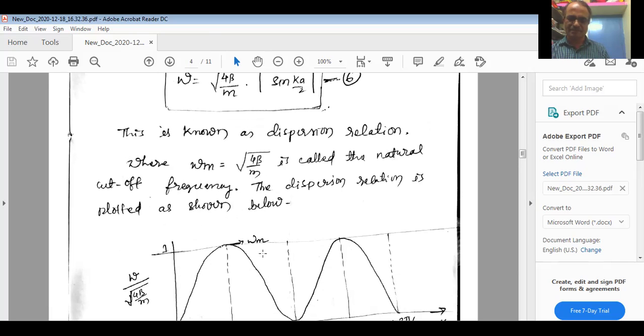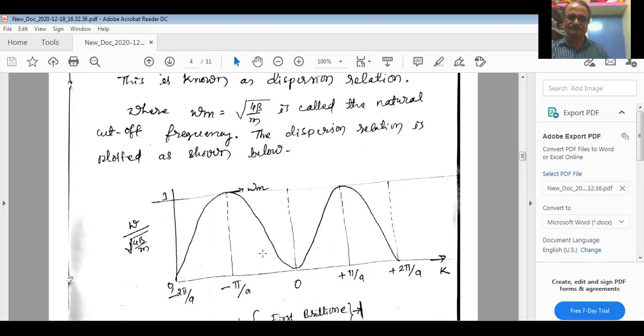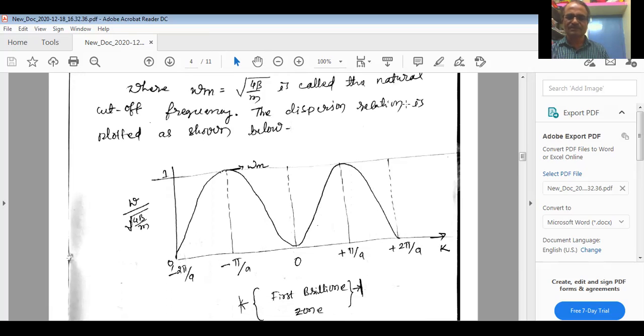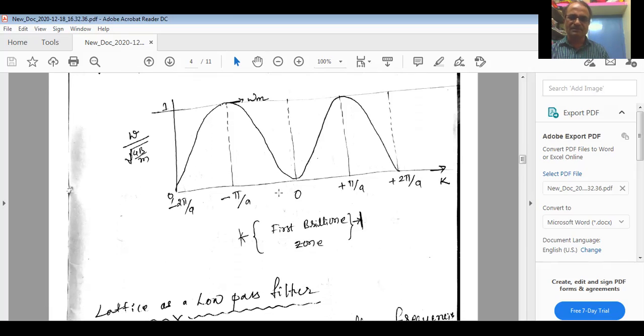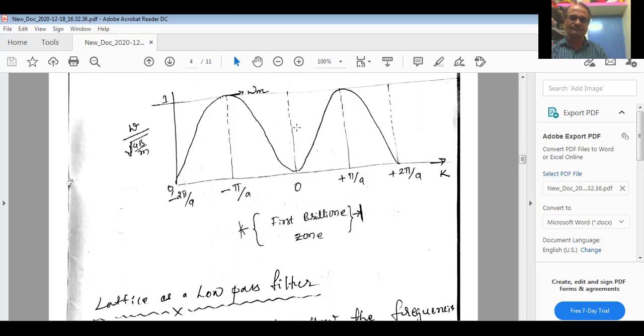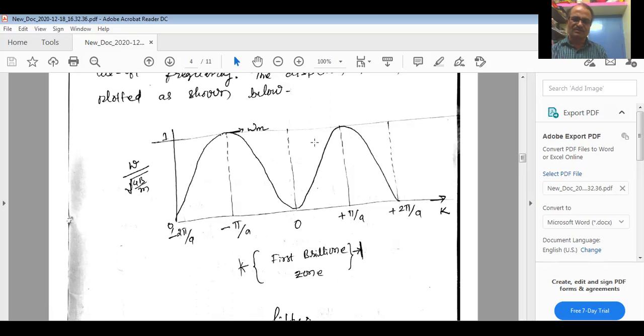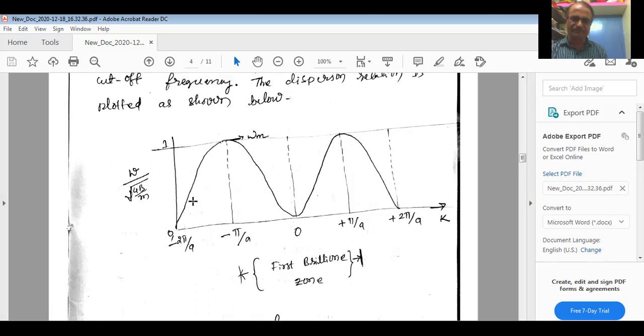And this dispersion relation is plotted as shown below. We are actually plotting omega divided by root of 4 beta upon m versus sine of that thing.